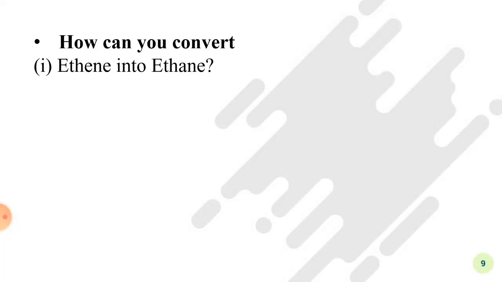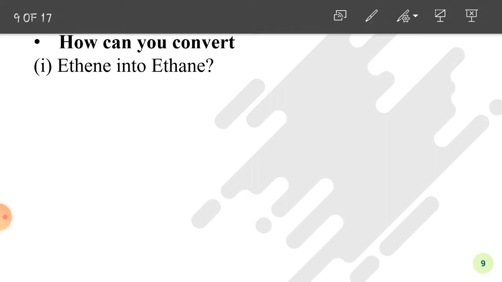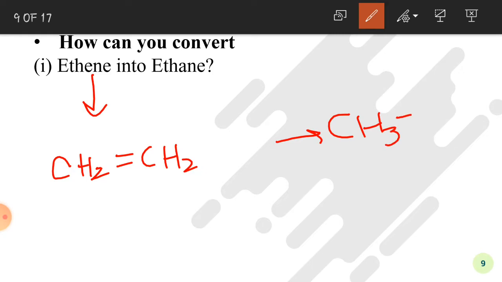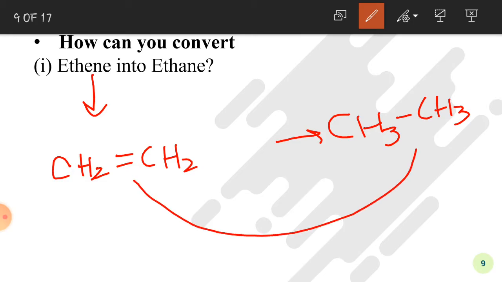Now let's discuss some conversion questions. How can you convert ethene into ethane? Now the structure for ethene is, and you have to convert it into ethane. What is actually happening is that the double bond is converting into a single bond.